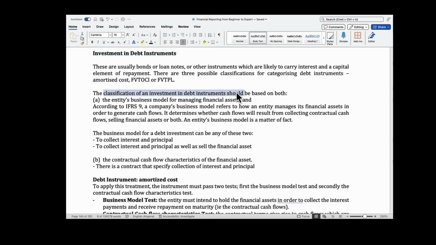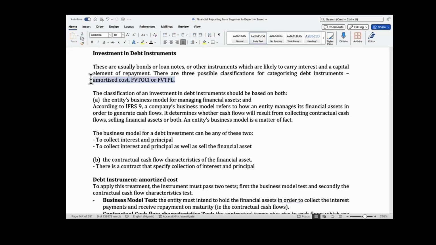Now in this case, there are three possible classifications for debt: amortized cost, fair value to OCI, and fair value to P&L. Those are the three classifications. And again, these classifications depend on your intention, on why you have done that investment.